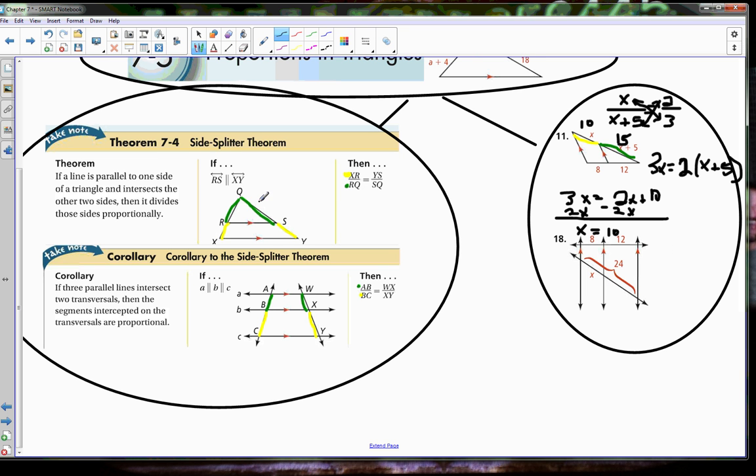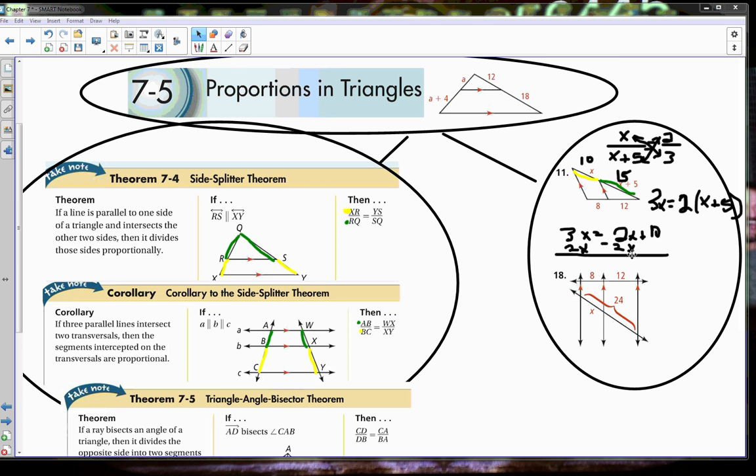All right, so that's side splitter. Let's see how to apply the corollary to the side splitter. So my entire length here is 24. This little piece here is x. This here is 8, and this here is 12. So we can't go x and then this distance, although we can.